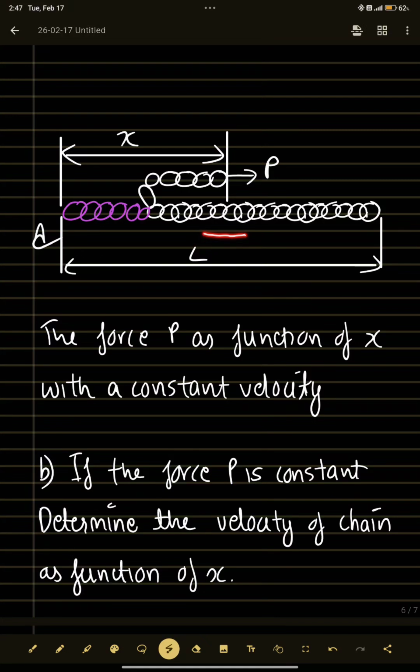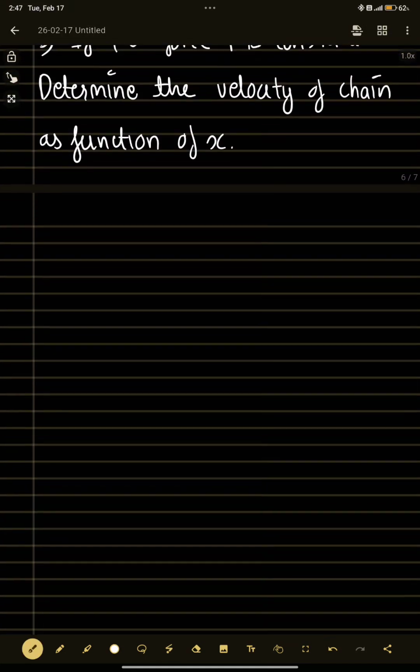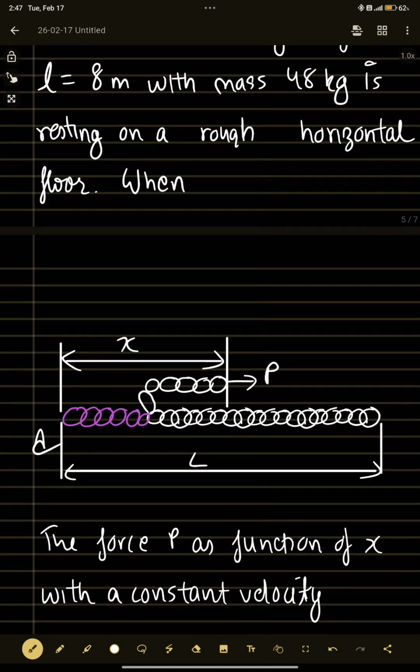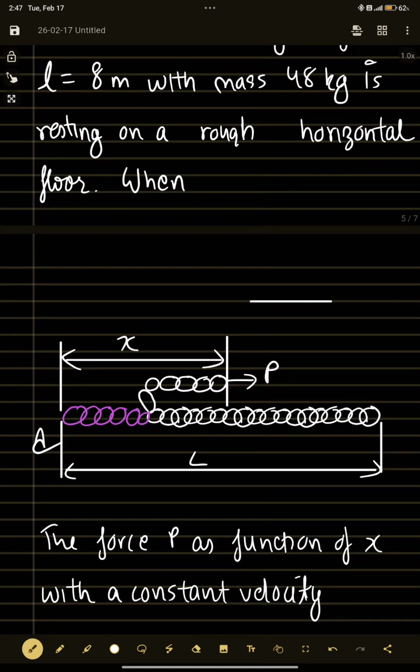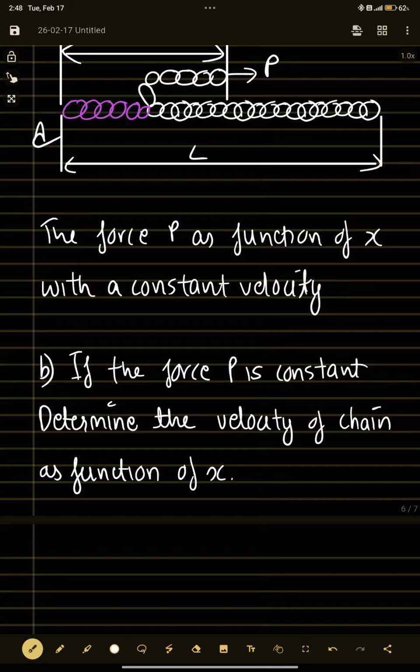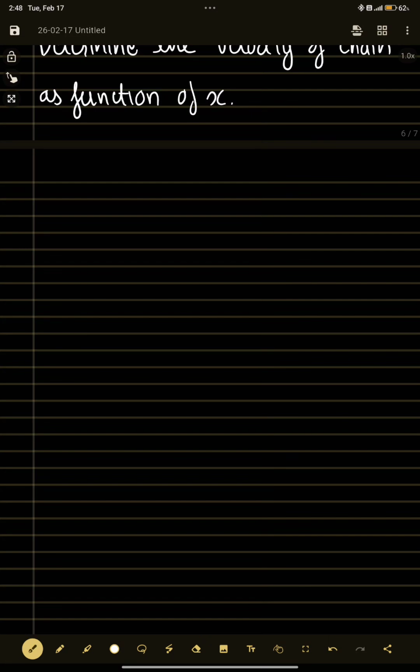So let us write that. Also choose a particular coordinate system. So this F is P i cap minus mu K, kinetic friction, into the weight of this particular link of the chain.